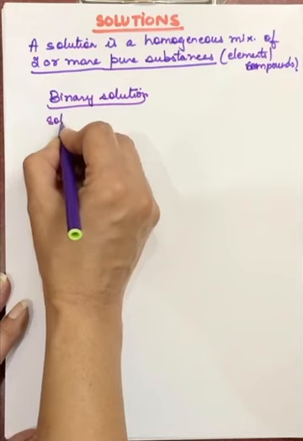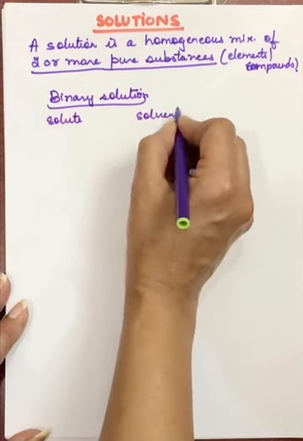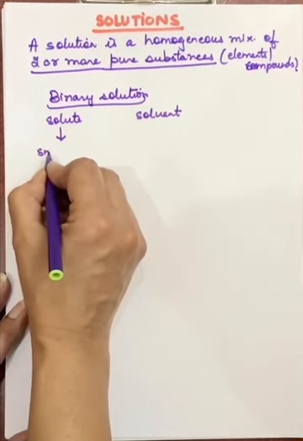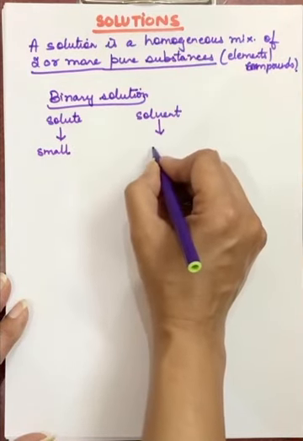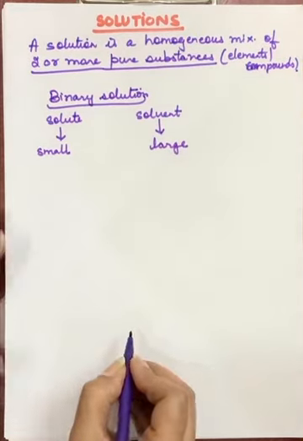So there are two components in a solution: one is solute and the other one is solvent. What is a solute? That is present in a small amount in solution, and solvent basically is the one that is present in large amount in a solution.